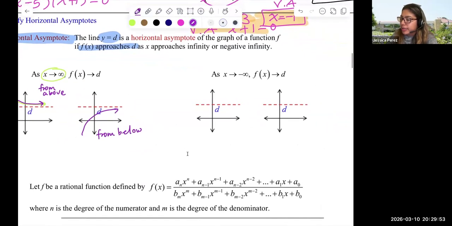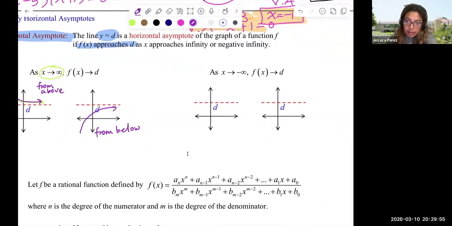Now what happens as x approaches negative infinity? So you can have, as x approaches negative infinity, f of x approaches d.